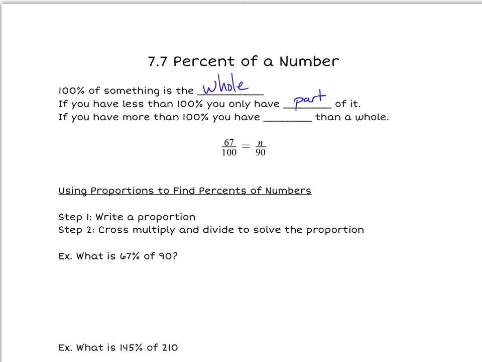Last statement here, if you have more than 100%, you have more than the whole. More than the whole? That's a little weird to think about.